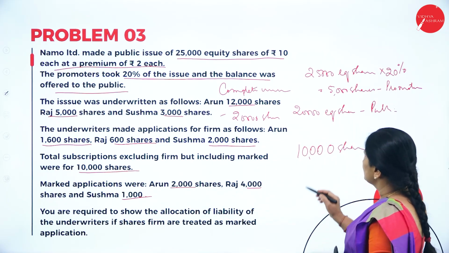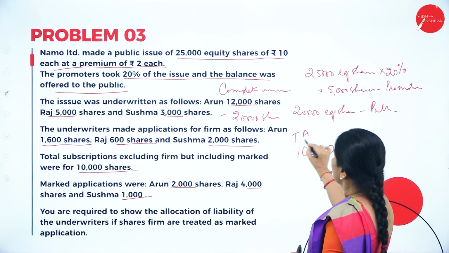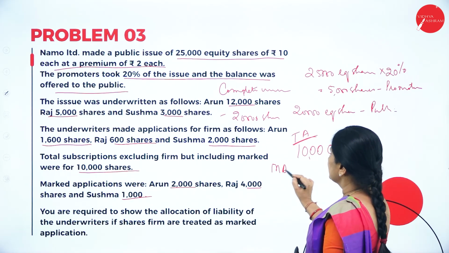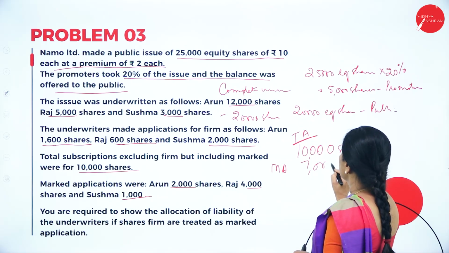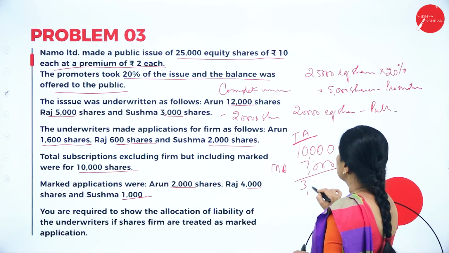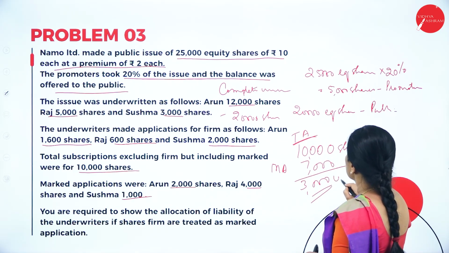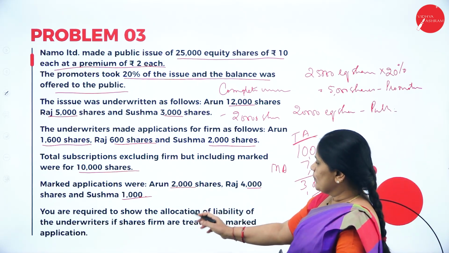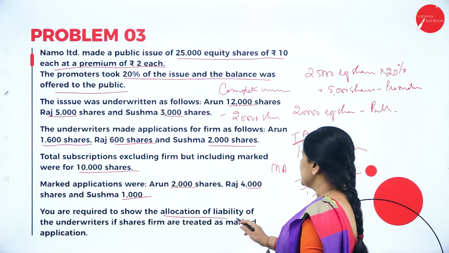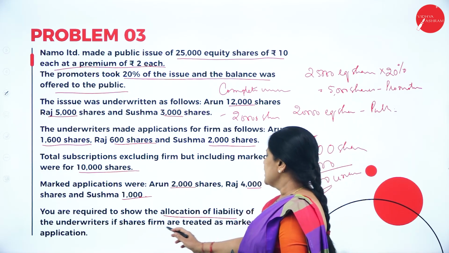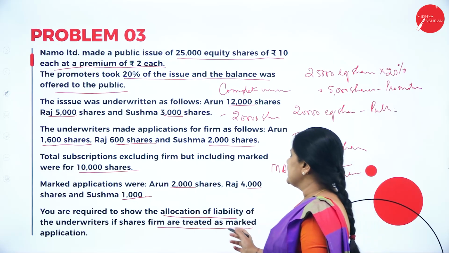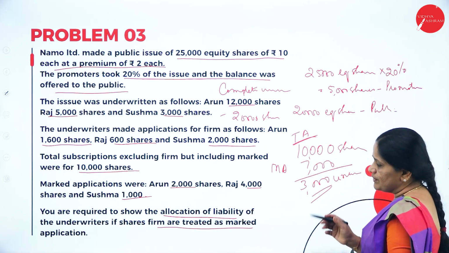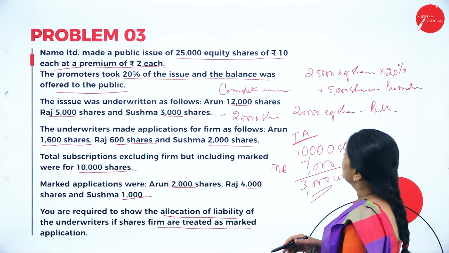So out of the total applications for 10,000 shares, the marked applications are for 7,000 shares. So 3,000 are unmarked. You are required to show the allocation of liability of underwriters if shares firm underwriting are treated as marked applications.